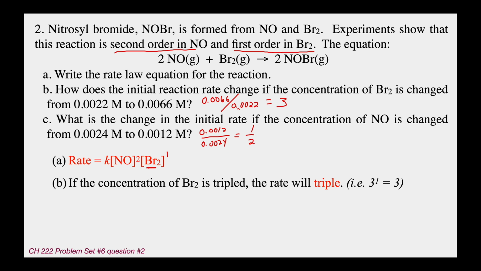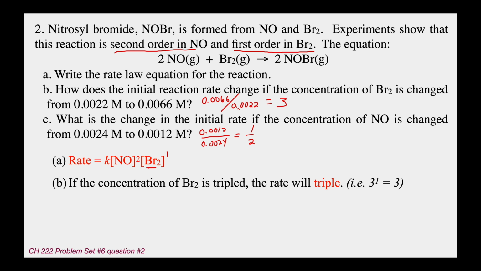We are lowering the concentration of the NO. Okay, so just like in the last problem we had a factor of 3, in this problem we have a factor of 1/2. Like the last problem though, what we're going to do to see the effect on the speed or rate is we're going to take that 1/2 and raise it to the power.